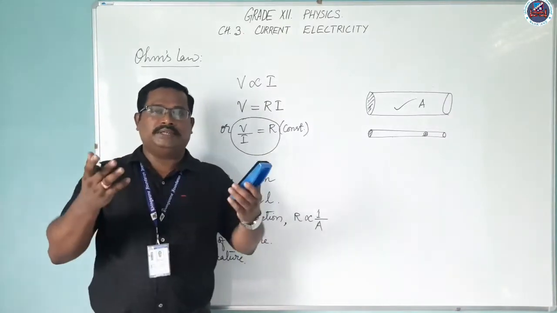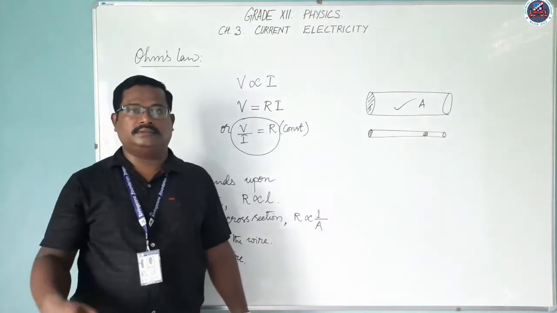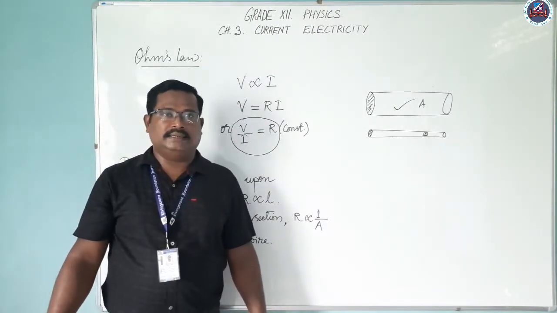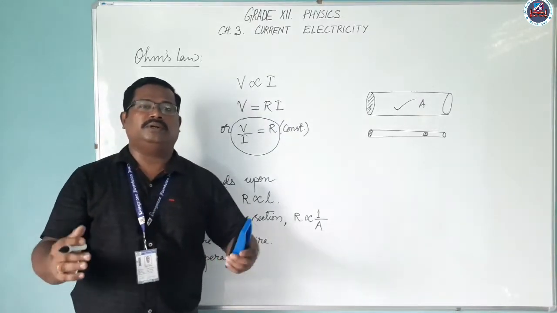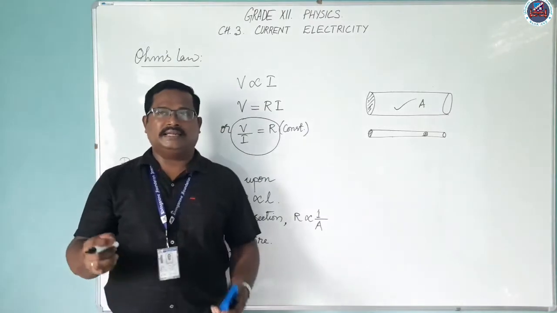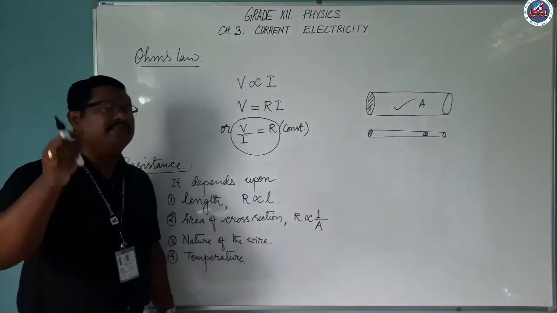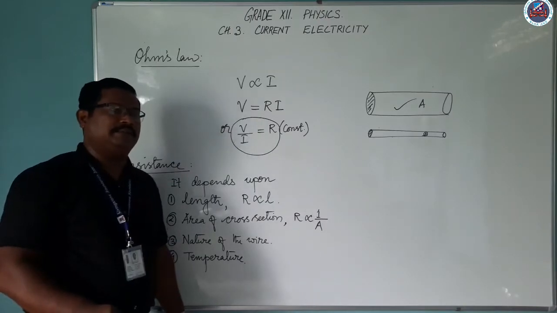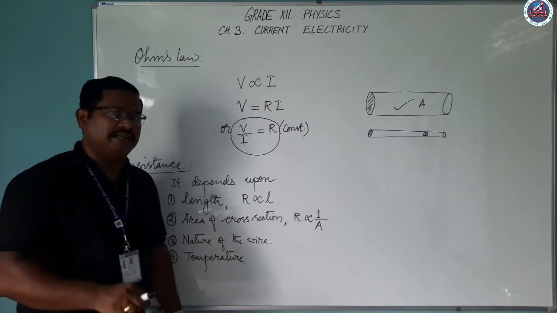If you increase the temperature, the resistance will become less. And for alloys, a mixture of two or more metals or a metal and a non-metal, the change in resistance is very, very small even if you go on increasing the temperature.